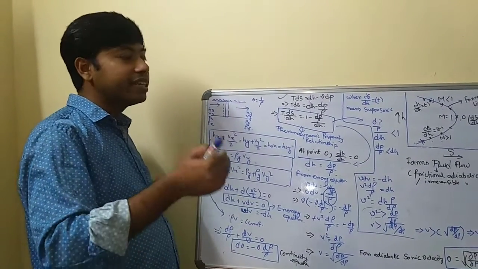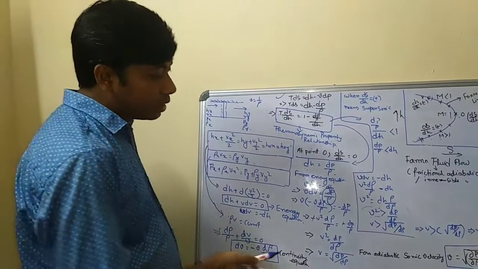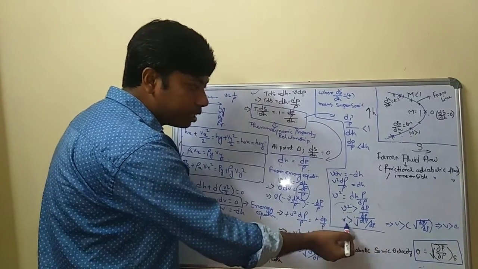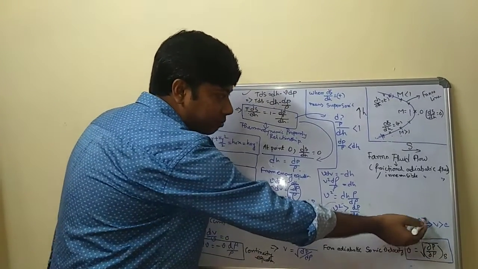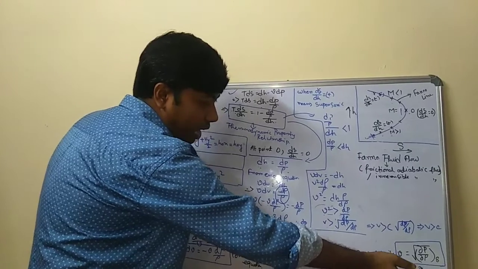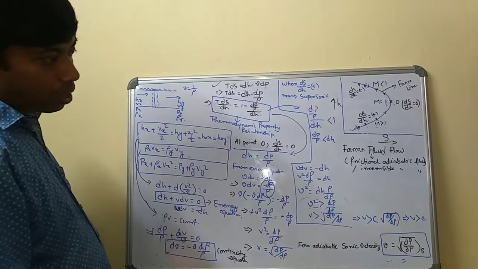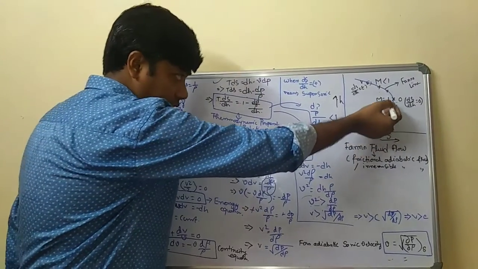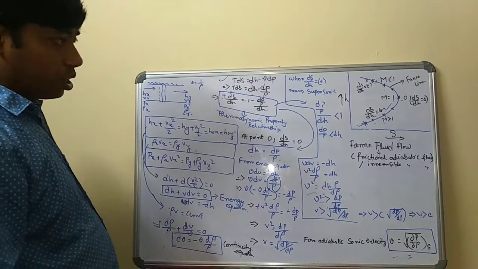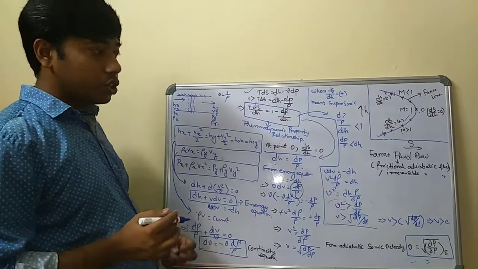Now when ds by dh is greater than 0, or positive, v square should be greater than dp by d rho. So v should be greater than this term. This term indicates your sonic velocity or acoustic velocity. So the velocity of the fluid is actually greater than the velocity of sound.